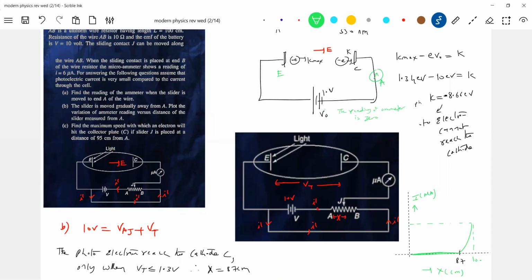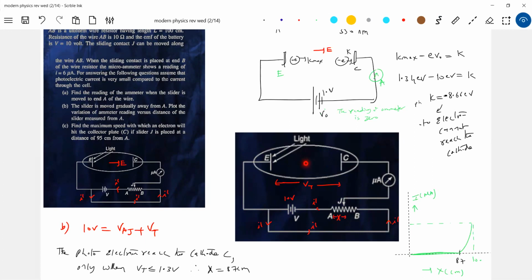Sir, quantum efficiency is generally around 1% or so, so very few electrons come out with maximum kinetic energy. When the potential difference is just enough to make them reach C, very few electrons are going, so the current will be small. But as soon as I reduce the potential a little bit, more electrons with lesser kinetic energy reach.